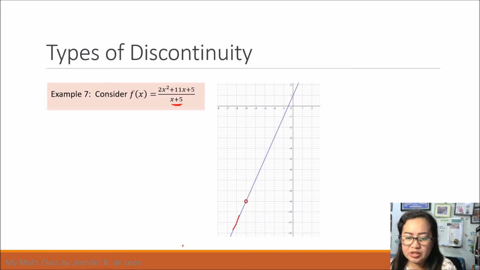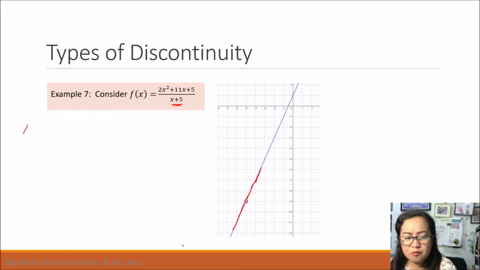Graphically, we can trace this completely. However, we are interrupted by a hole, or an unshaded dot, on this portion.